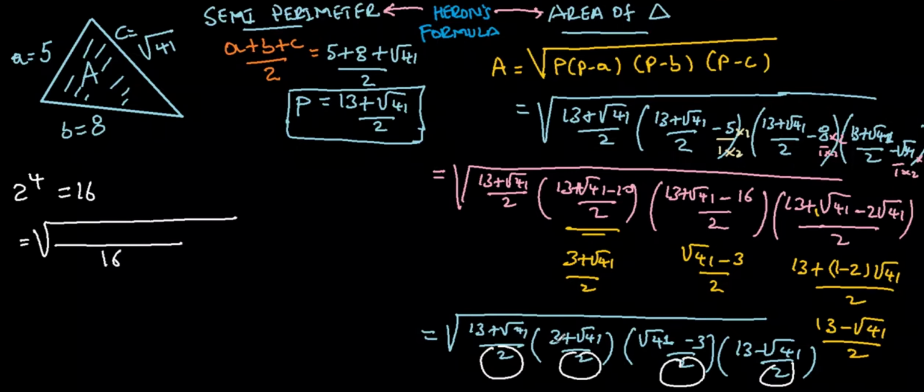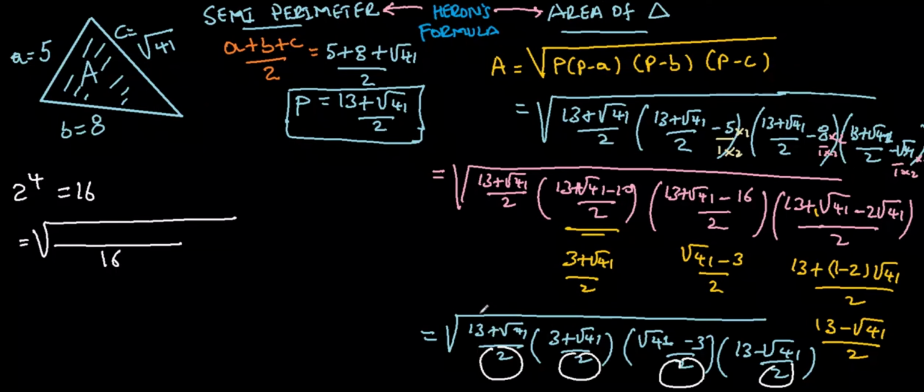And here, just bring similar terms together. 13 plus the square root of 41, 13 minus the square root of 41, right? So if you bring 13 plus the square root of 41 times 13 minus the square root of 41, what does it mean?